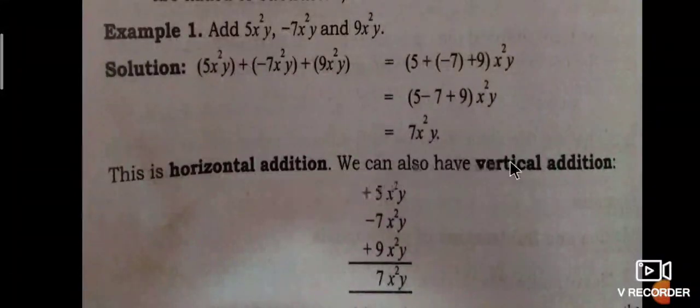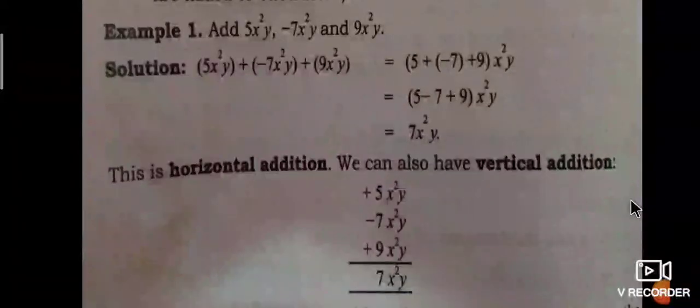Horizontal or vertical addition is also the same. Okay, 5x square y minus 7x square y plus 9x square y: 5 plus 9 is plus 14, plus 14 minus 7 is plus 7x square y.